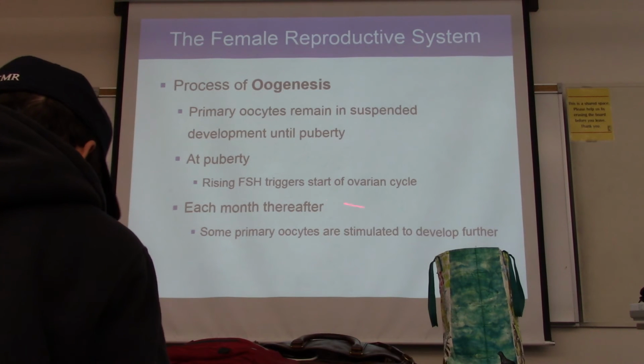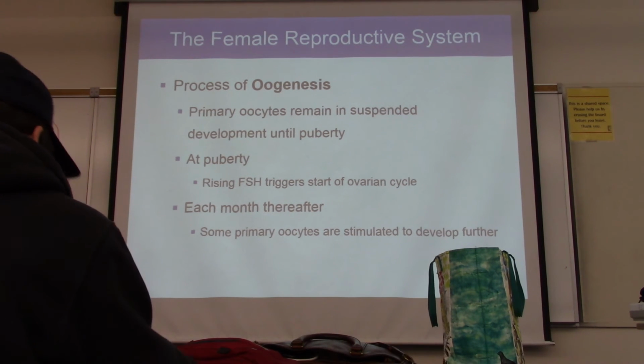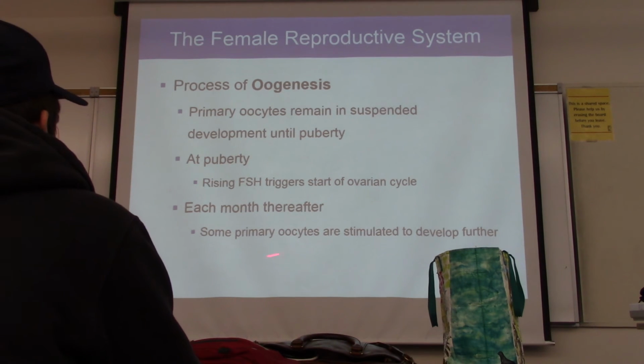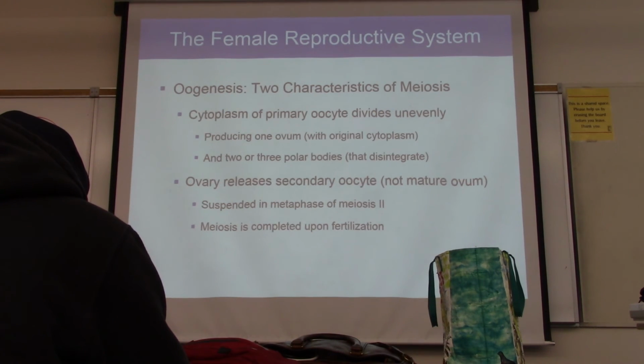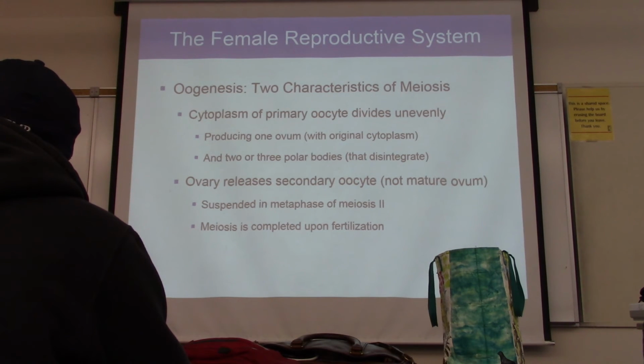Okay. Yeah, good question. Some primary follicles, every month after, start to develop further, and every time it's got to make 2 divisions, two splits in meiosis, remember, and each of those 2 splits, it splits completely unevenly.